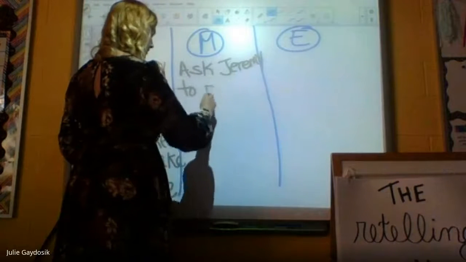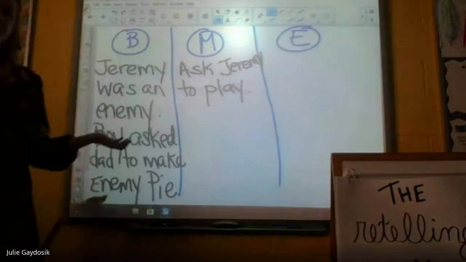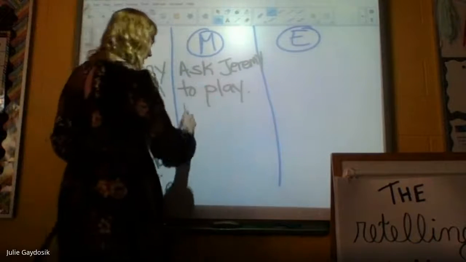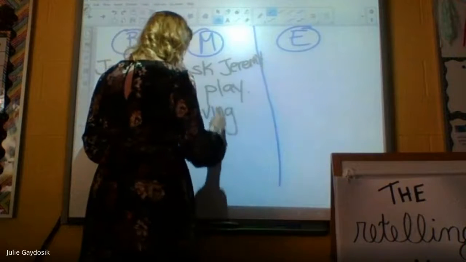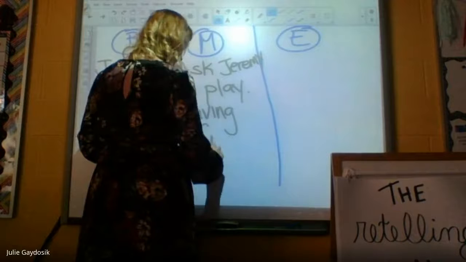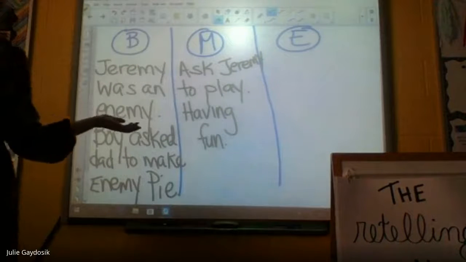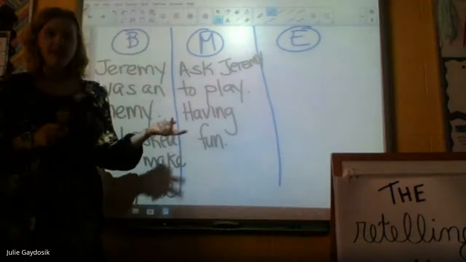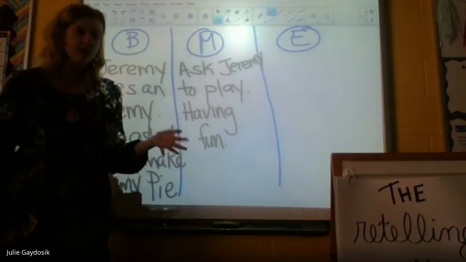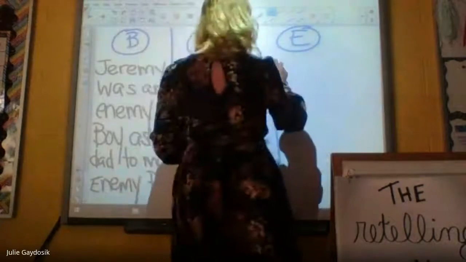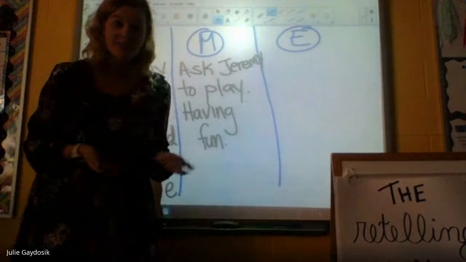to play. And then the boy kind of realizes after he spends some time with Jeremy that he's having fun, right? He's having fun with Jeremy. And then he invites Jeremy over for dinner, and they both have macaroni and cheese. Remember, macaroni and cheese is both their favorite food. And then they have enemy pie for dessert. And what's that boy starting to feel? He's starting to feel bad, right? Because Jeremy is now his friend.